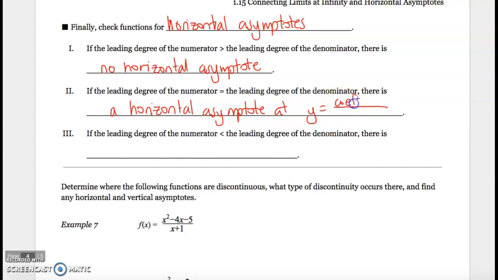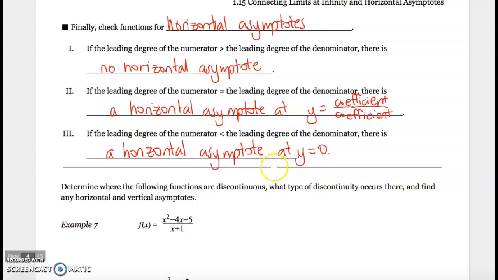So coefficient of the top over the coefficient of the bottom. Lastly, if your leading degree of the numerator is less than the leading degree of the denominator, there is a horizontal asymptote at y equals 0.